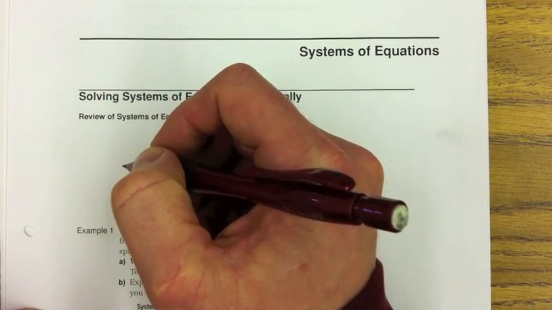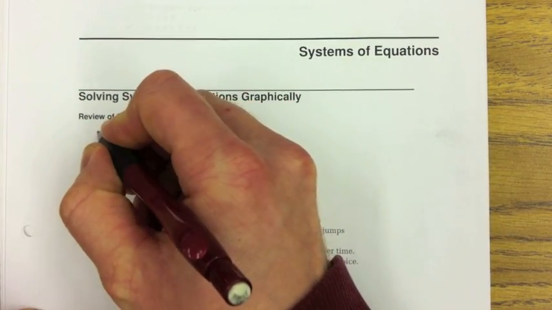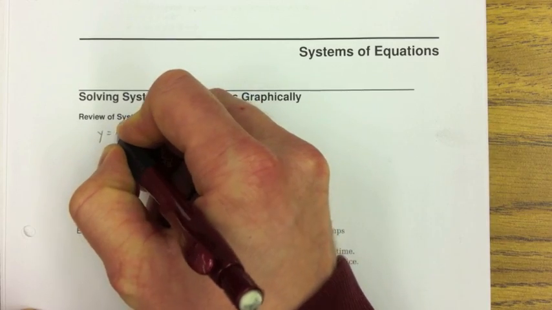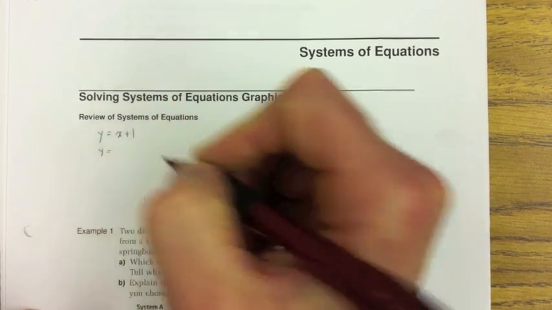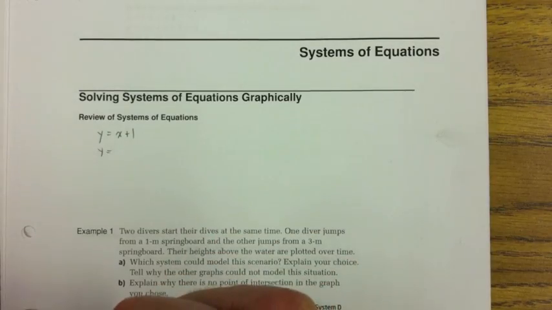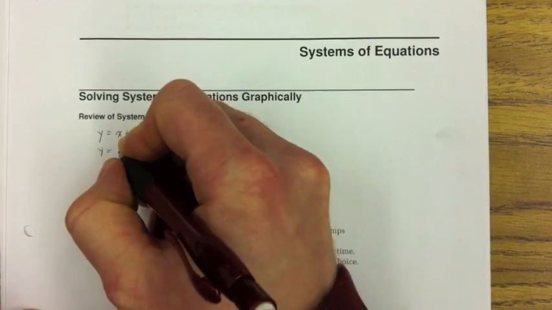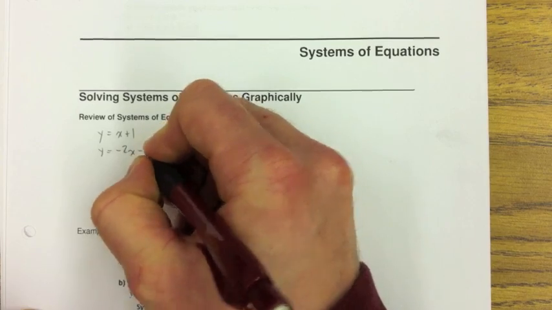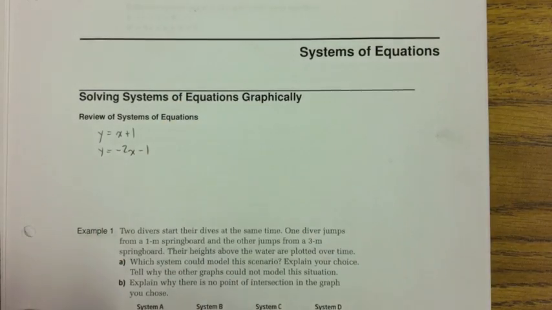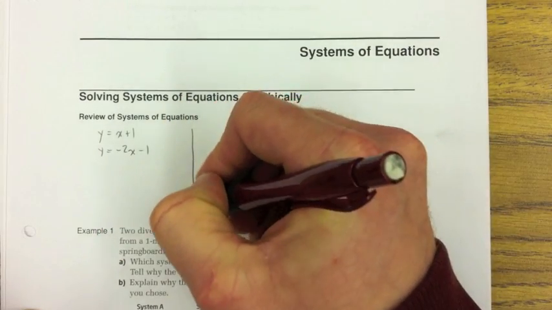Alright, at its heart, when you have two equations, for example, y is equal to x plus 1, that's a line, and y is equal to negative 2x minus 1, that's another line. You get two graphs.